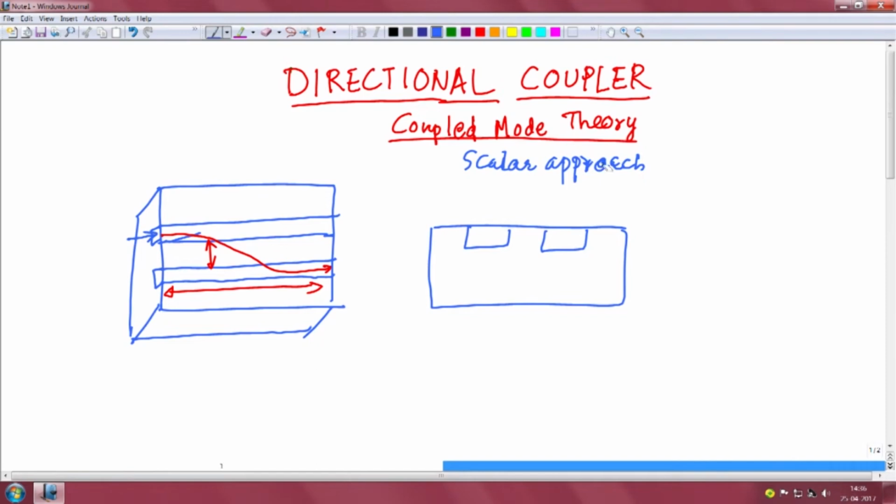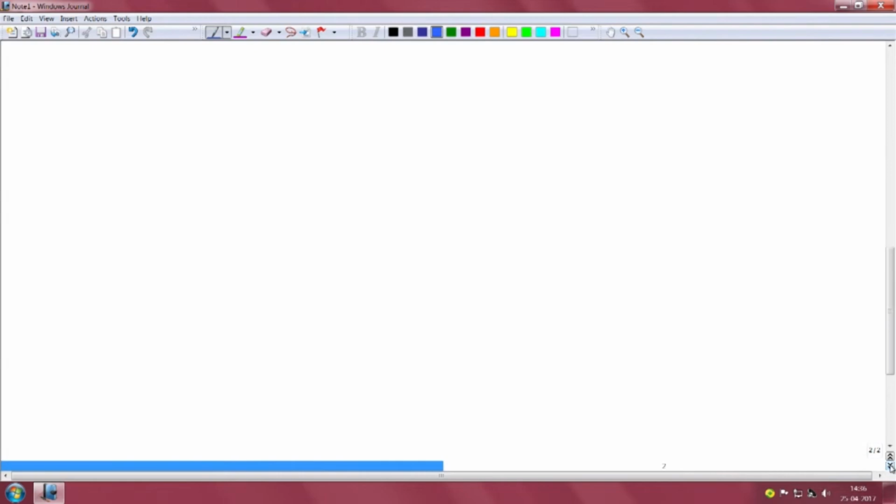The extension to the vector case is of course possible and straightforward, but more complicated. So, let us consider a two dimensional form of this directional coupler.